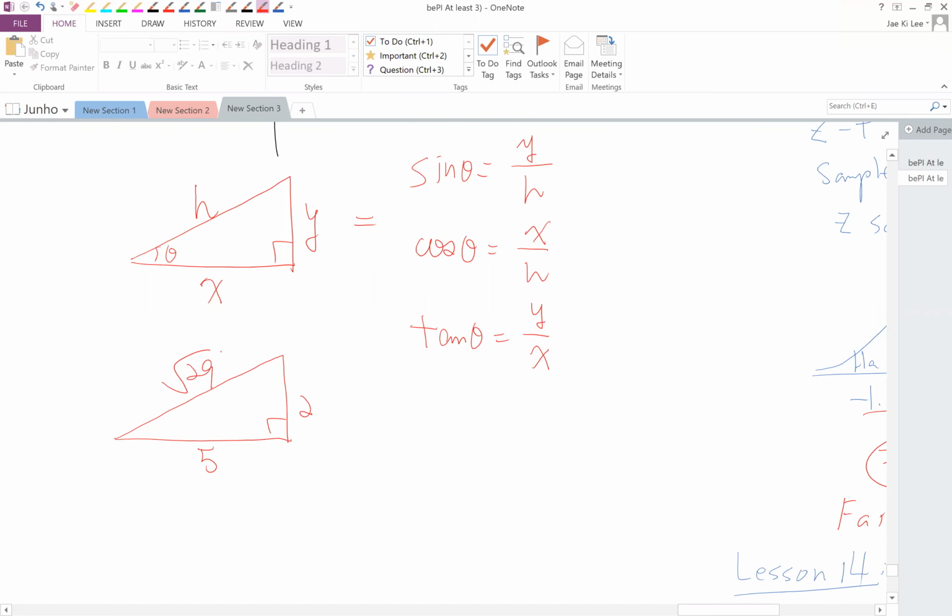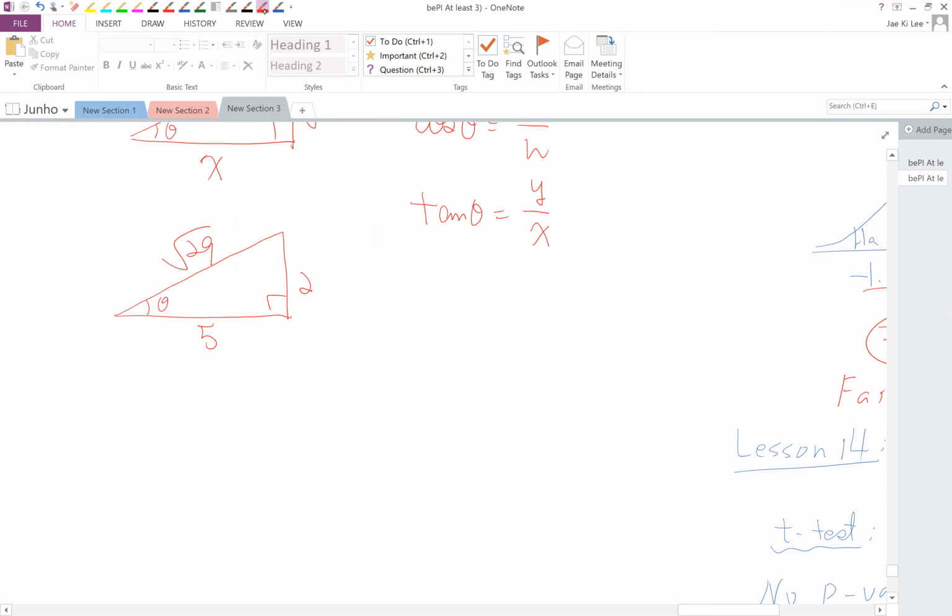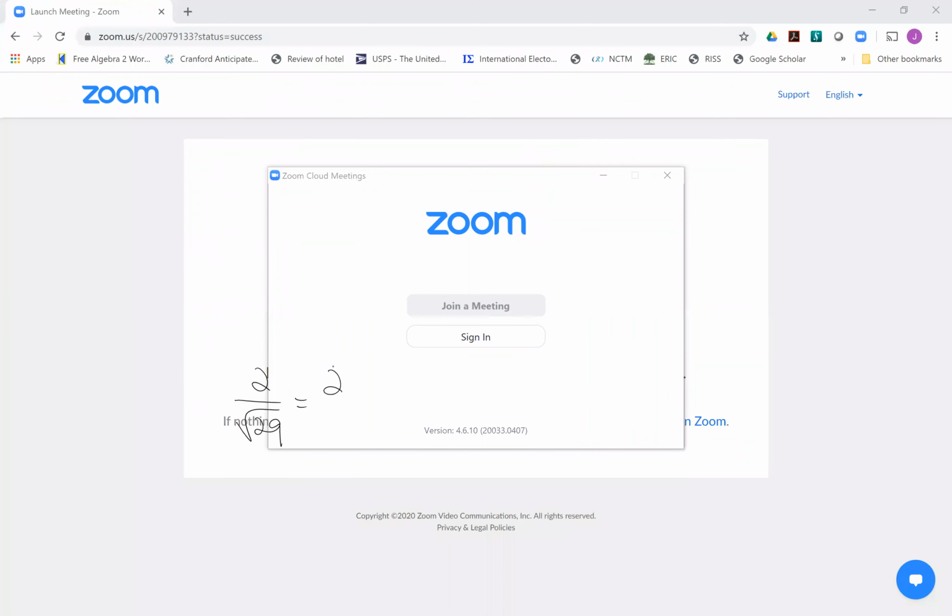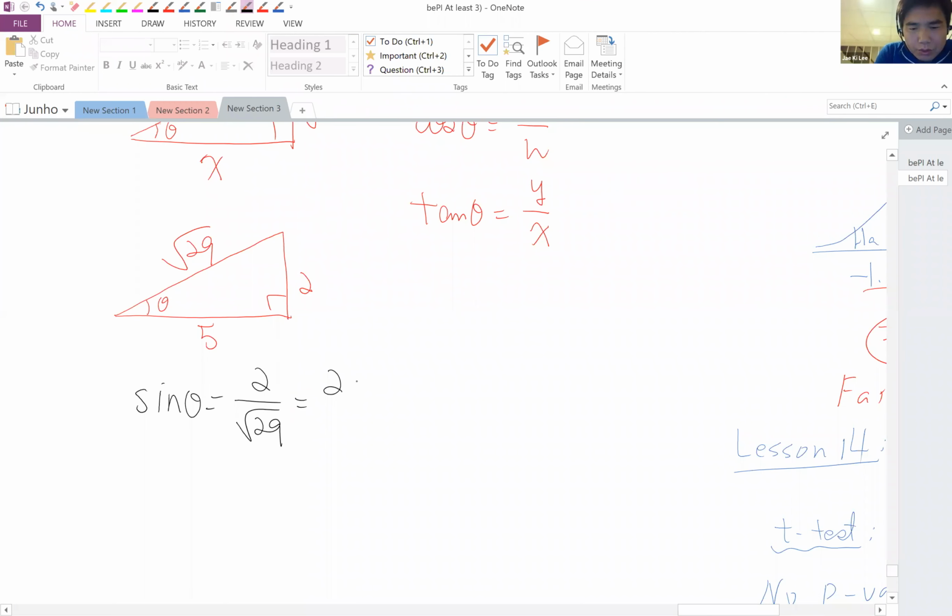Therefore sine theta equals 2 over root 29, which means 2 root 29 over 29. That will be sine theta.